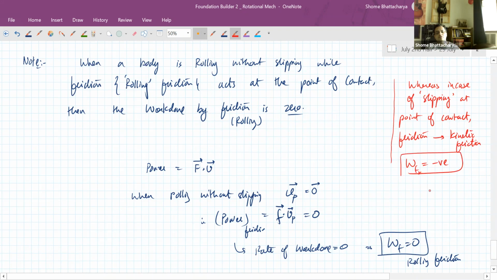So in that case, kinetic friction does negative work on the object. But in the case of rolling without slipping, if friction is acting, like in the case of rolling down the inclined plane, it will not be doing any work.